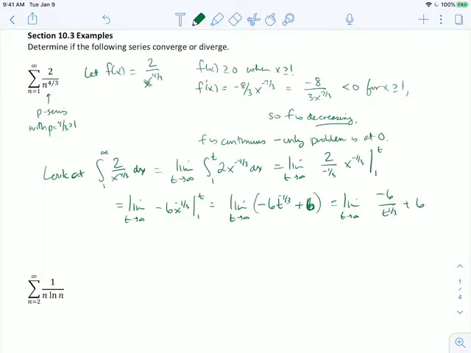As t gets big, then my denominator is going to get big, and so this is going to go to 0, and so I get 6 out. And so the integral converges. So by the integral test, my series converges as well.